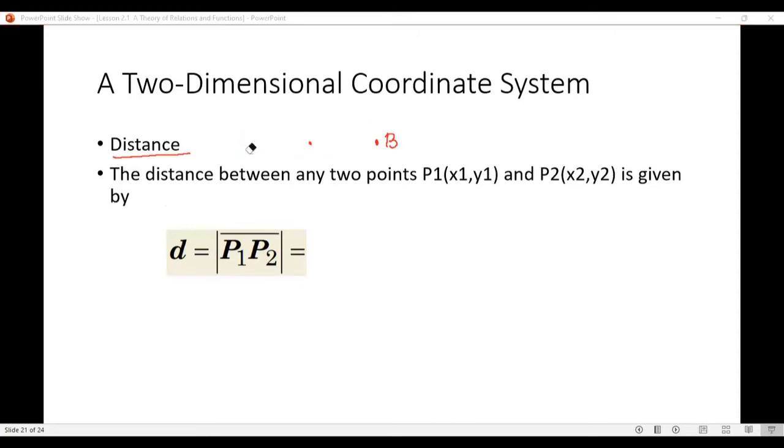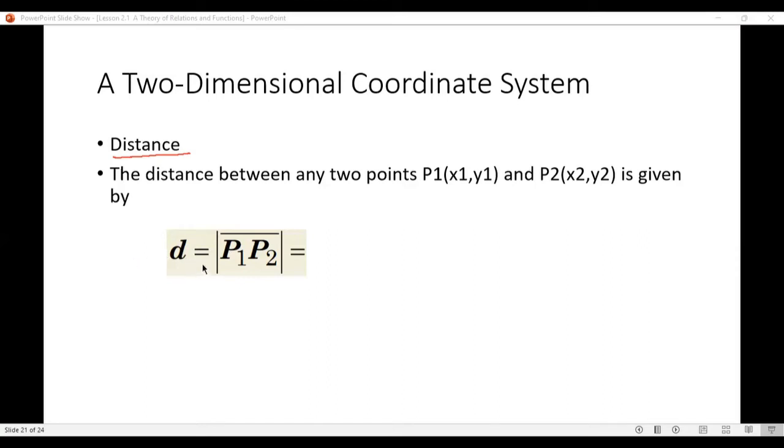Okay, next for the distance naman, the distance between any 2 points, point 1 such that x sub 1, y sub 1, and the second point P sub 2 such that x sub 2, y sub 2, is given by, so distance naman ito ng 2 points.